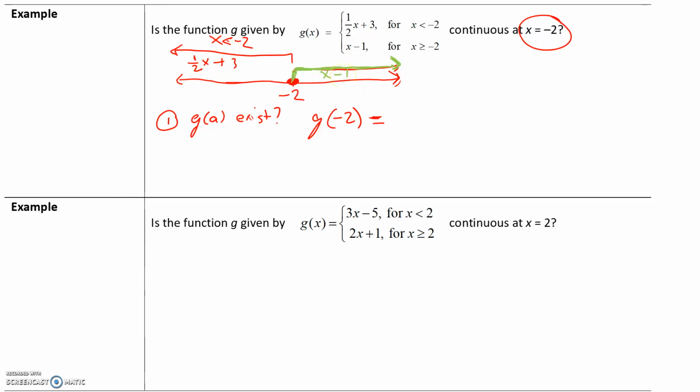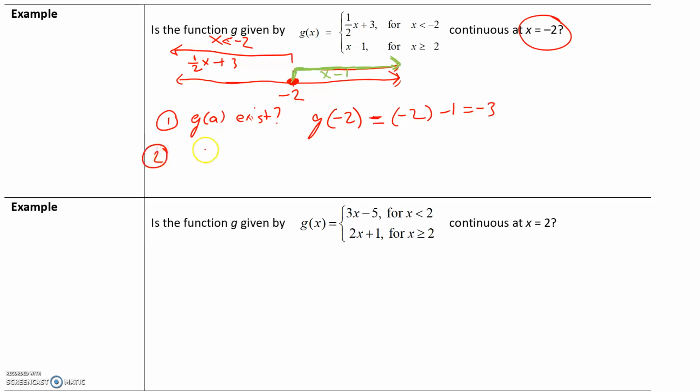Remember, when the x value is -2 or higher, we're going to use x minus 1. So at x equals -2, it's in this interval, -2 or higher. So this will be -2 minus 1, which is -3. So does g of a exist? Yeah, it exists. It equals -3.